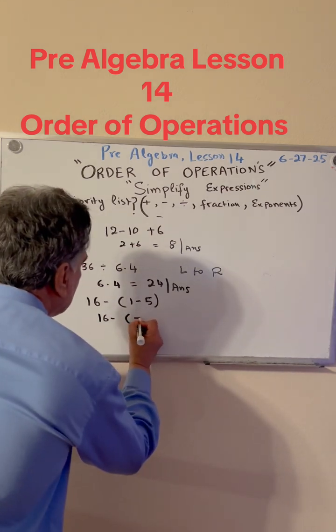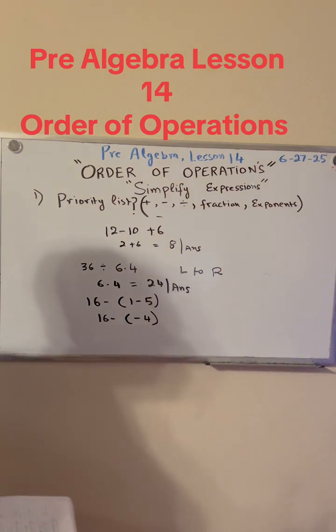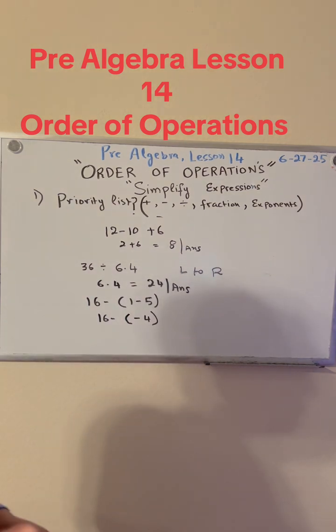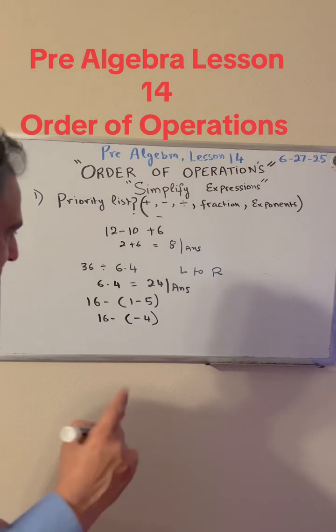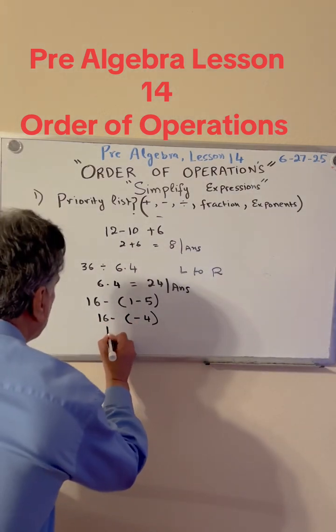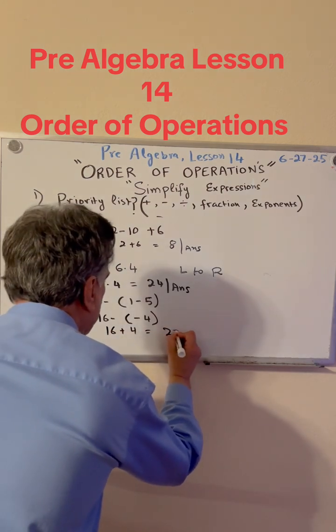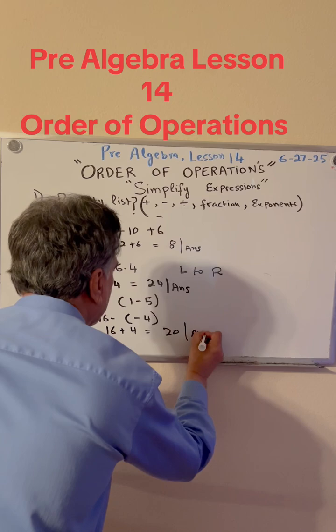I keep the parentheses. Now, algebra students, you should already know minus multiplied by minus is plus. So this becomes 16 plus 4, which is equal to 20. That, my friends, is the answer.